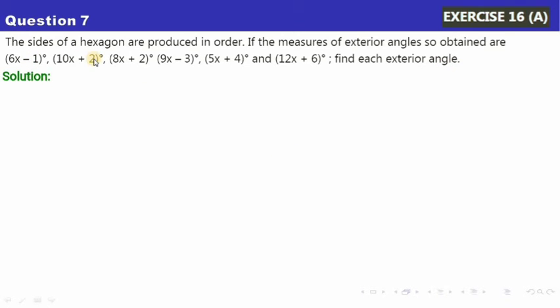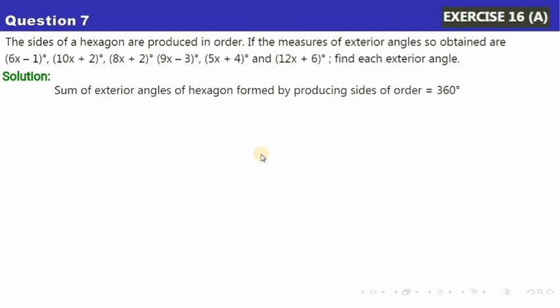Now in order to find the value of each angle, if you see here, what is the variable? The variable is x, here also it is x, here also x, here also x, here also x, and finally in this also the variable is x. So we want to find the value of x. Now from the earlier 2 problems, what did you observe?